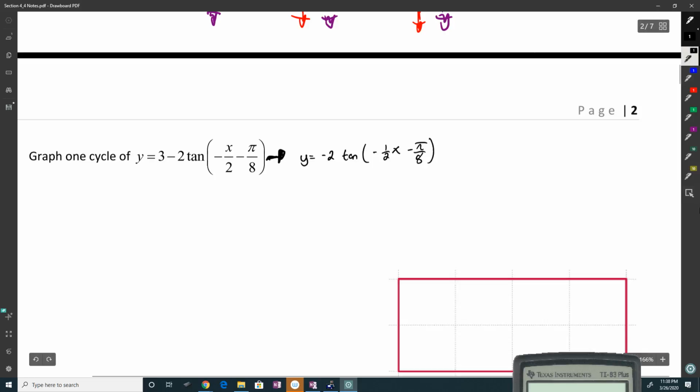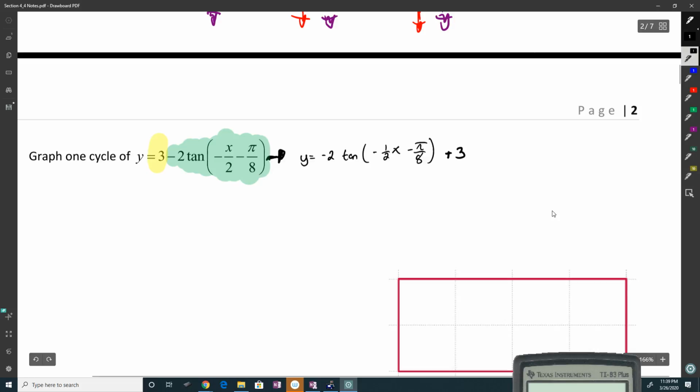Okay, and then the plus 3 at the end. All right, so all I did was, in this equation, there was two parts. There was this part, and then there was that part. And so I just changed the order. Instead of the 3 going first, I just changed it to where the negative 2 tangent part goes first.